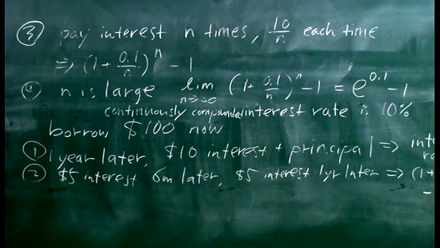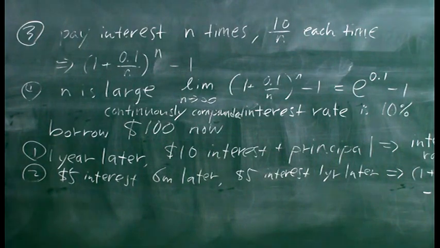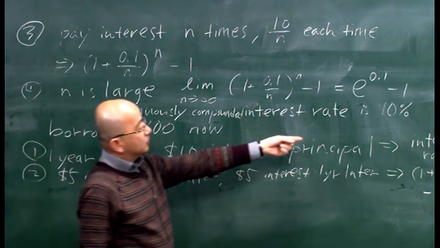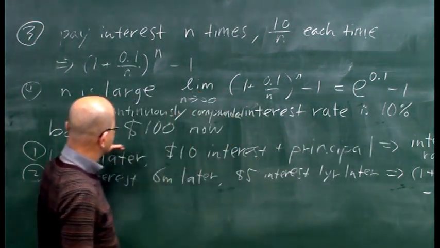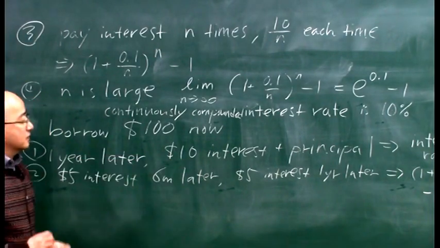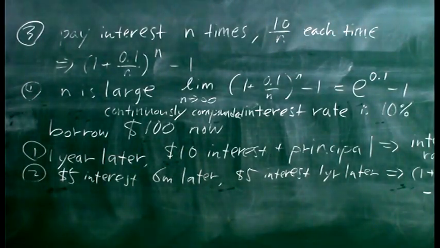So in this situation, the interest is paid little by little, continuously. We call this interest rate 10%, and of course this 10% comes from this number. That is, total interest paid during this period is 10%. So we call this continuously compounded interest rate of 10%.